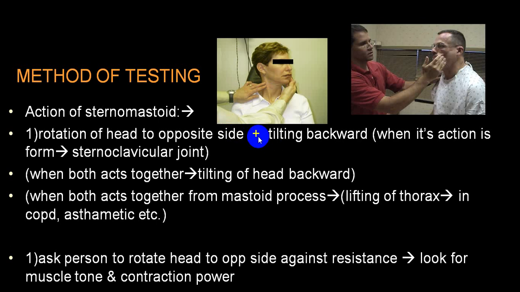So also there will be tilting of the head backward. This particular action you can test for sternocleidomastoid. When both are acting together, the head is tilted back, but you ask the person to flex the head against the resistance applied at the forehead.